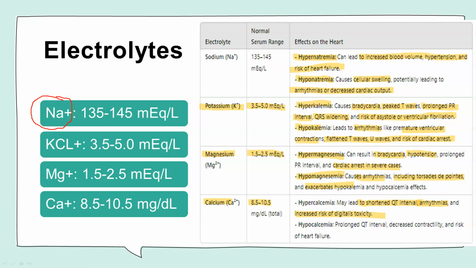So if you have low calcium, you're at increased risk for those add-on effects of the medications. With hypocalcemia, you can have a prolonged QT interval, so it's kind of the opposite of hypercalcemia. You still have decreased cardiac output and increased risk for heart failure.